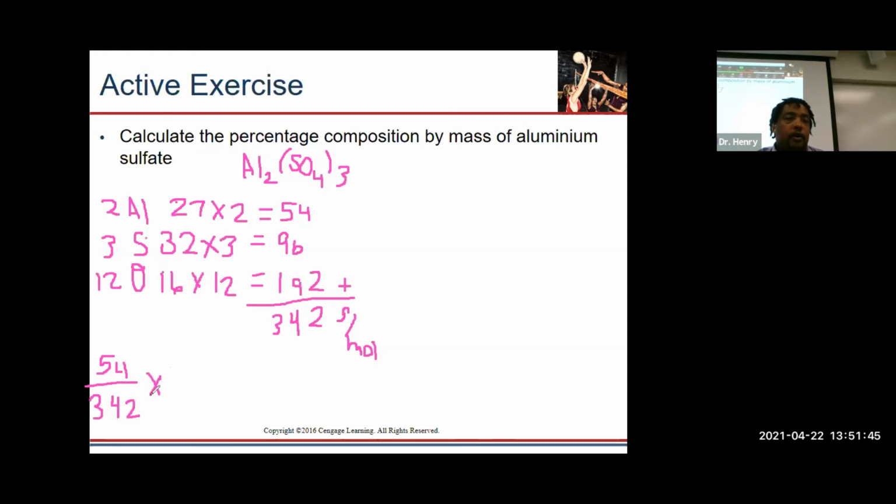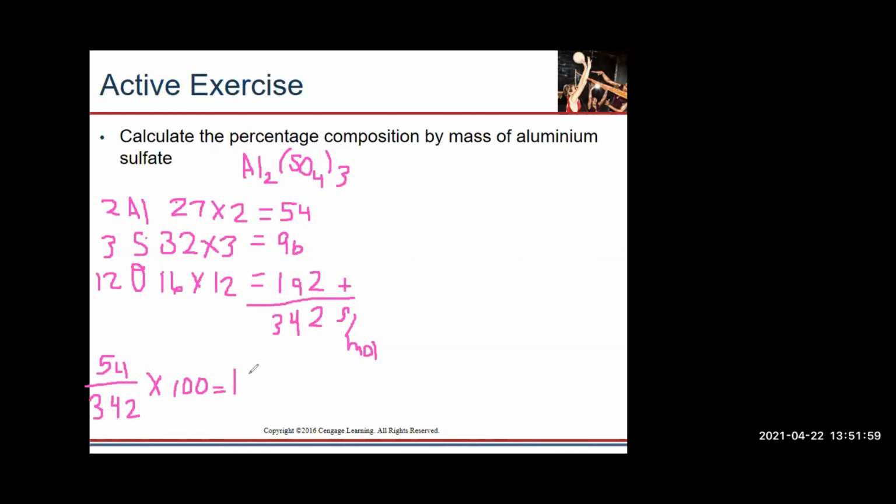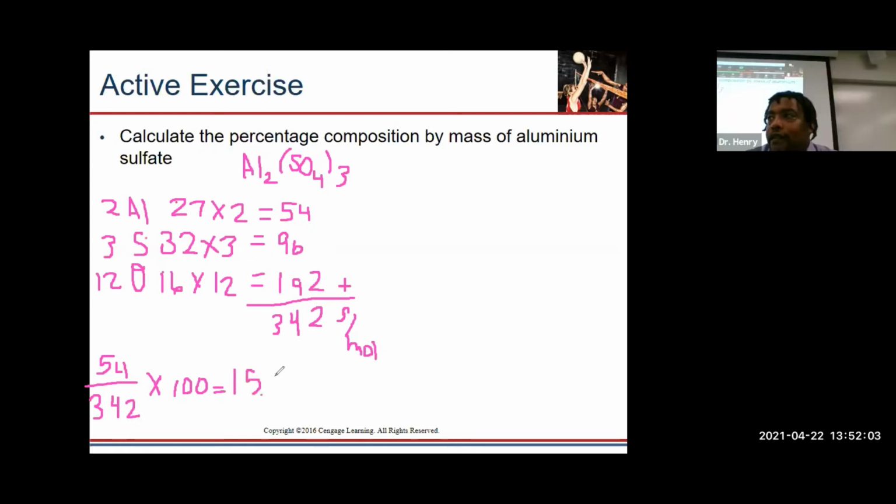Remember, it's only the part divided by the whole, as in everything. And what do you guys get for that one? 15.7895. Okay, so let's go 15.8, and that's Al.